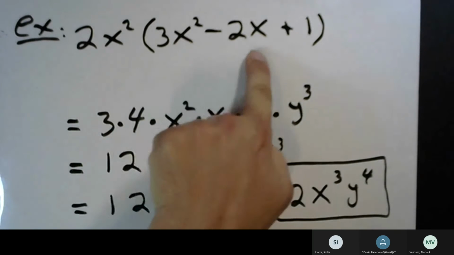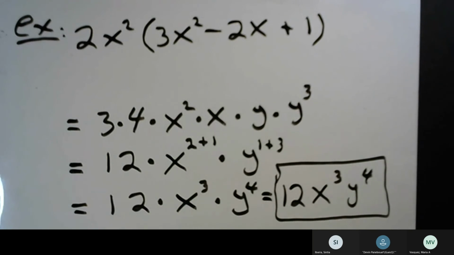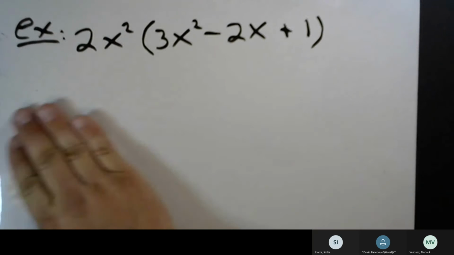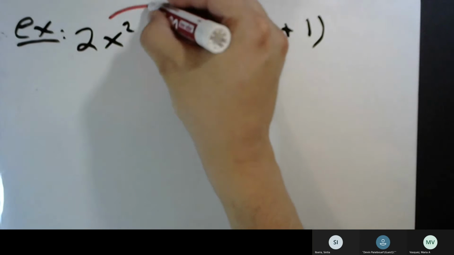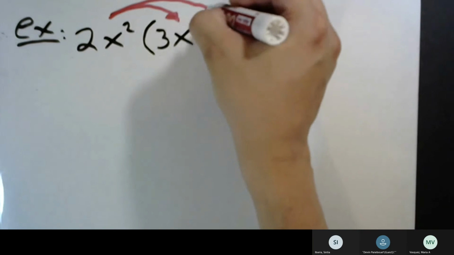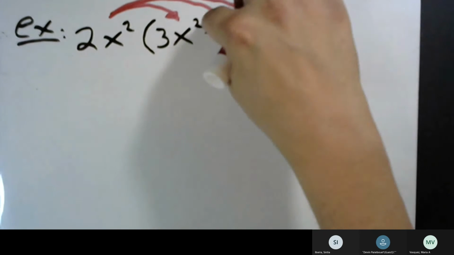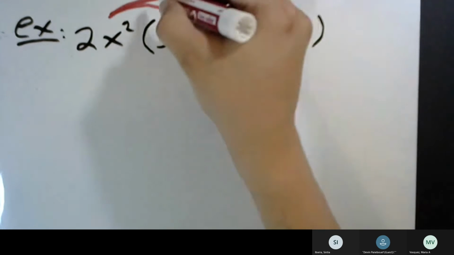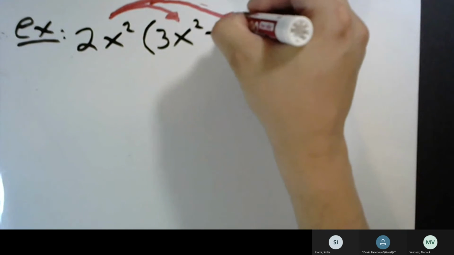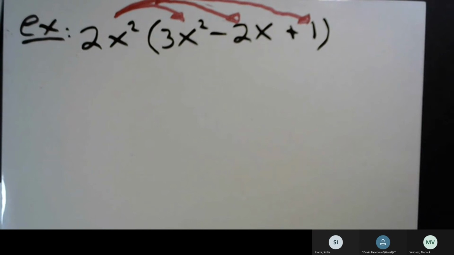So here we have a 3-term polynomial, and out here we got a monomial. So what we're going to do, we're going to distribute this monomial like it was a number or a minus sign to each of the terms of the polynomial.